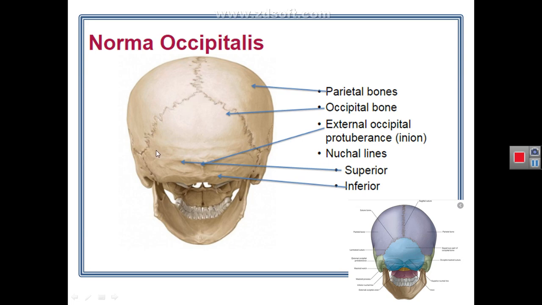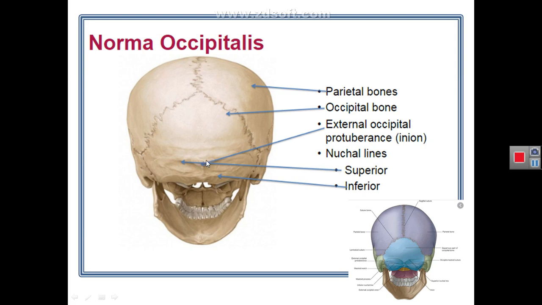This is the lambda. And here you can see a point of meeting between the lambdoid suture, parietomastoid suture, and occipitomastoid suture. This point is called asterion, and it is also a membranous structure in the neonate that's called the posterolateral fontanelle, that ossifies at about 3 to 6 months of age.